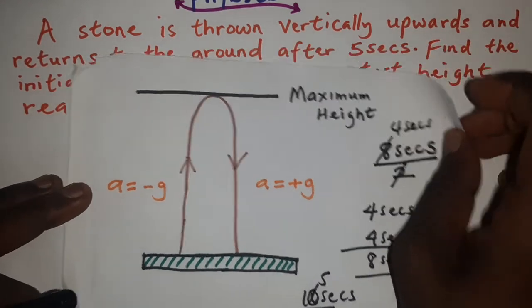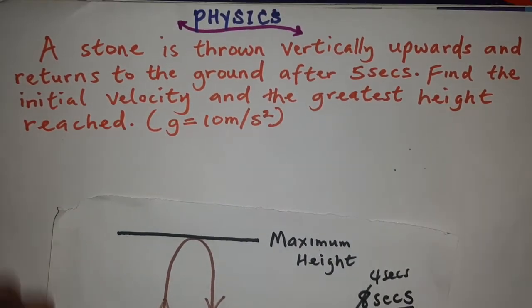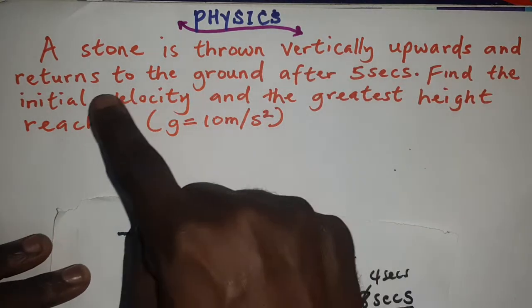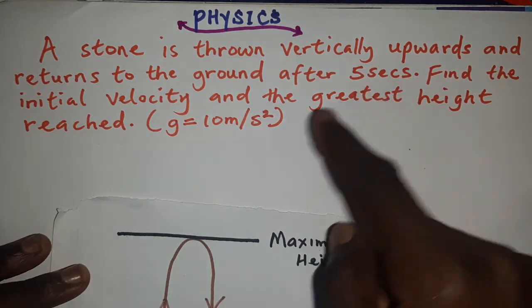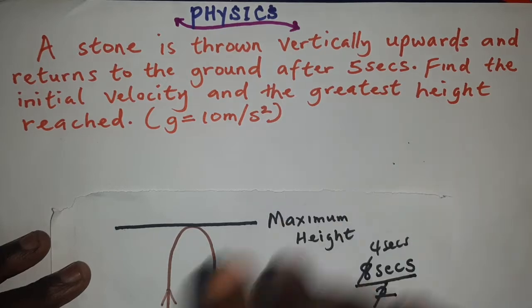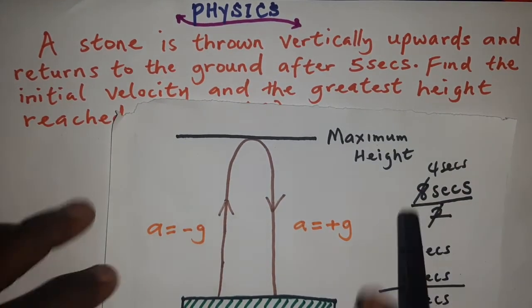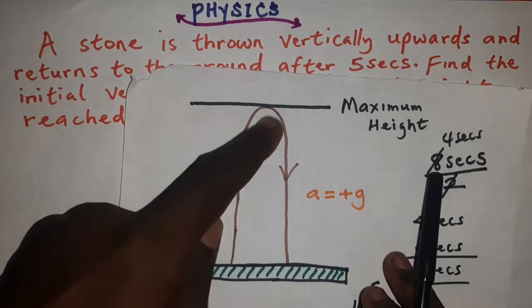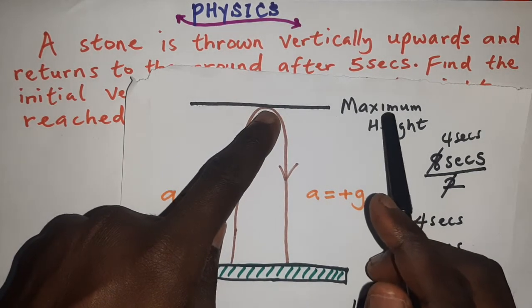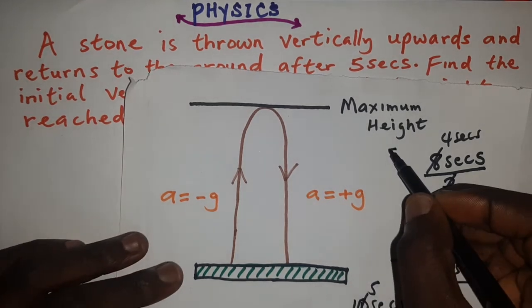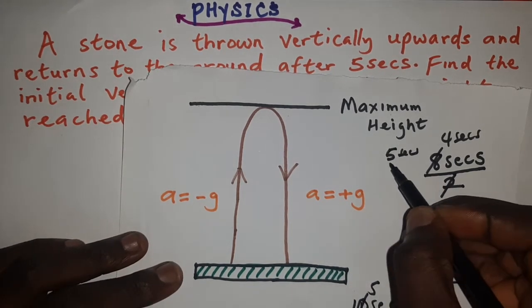So in this question, they said here that the stone is thrown vertically upwards and returns to the ground after 5 seconds. It means it spends a whole 5 seconds going up and coming down. If we want to get the time it spent in going up and getting to the greatest or maximum height, it means we take 5 seconds divided by 2.